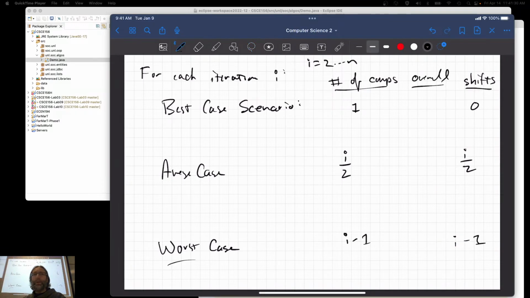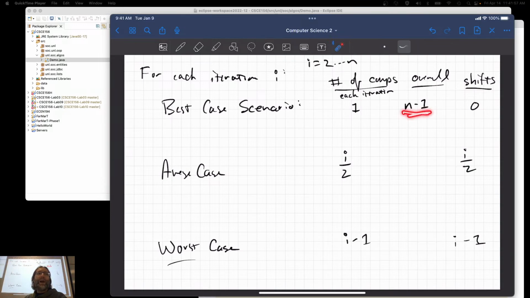Overall performance here, you end up doing n minus 1 comparisons. Right? This is each iteration. Overall, you do n minus 1. Why? Because you skipped that first one. You didn't make a comparison for it. But you look at everything else and you never end up making any shifts. Why? Because everything's already in place. In other words, it was already sorted, and you're just verifying that it was sorted.